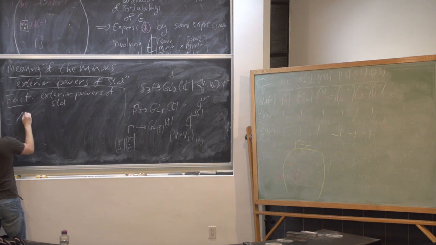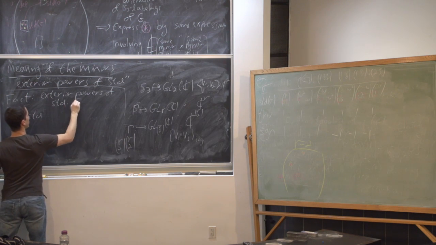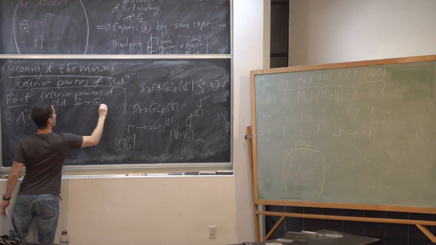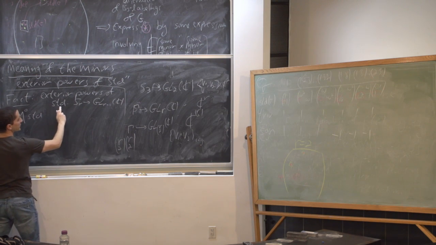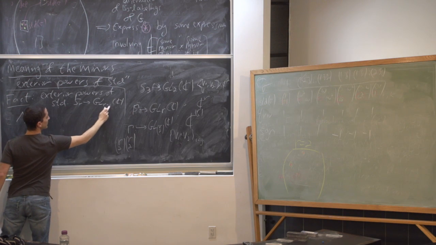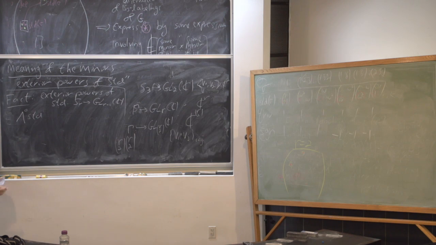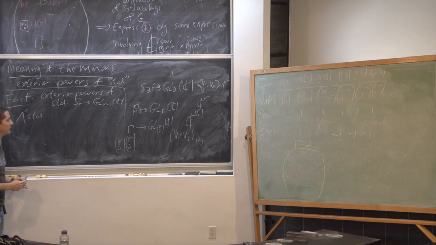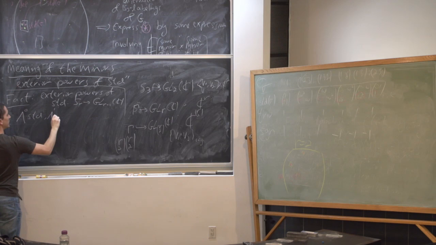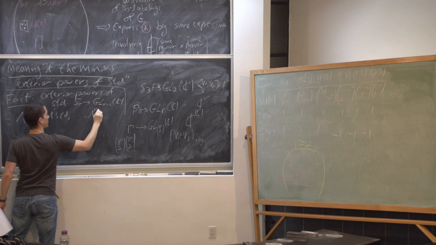So we have the exterior powers of STD, let's say from S_R. In general, the standard representation is an R-1 dimensional representation of S_R. So if you think about it, we have R different powers. We have the zero power, the 1 power, up to the R-1 power.